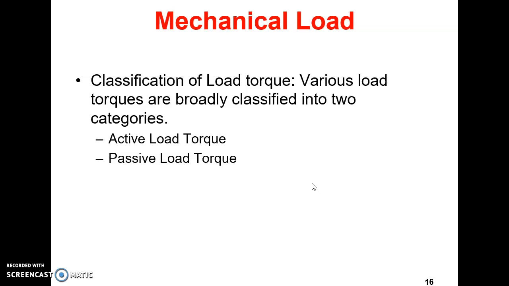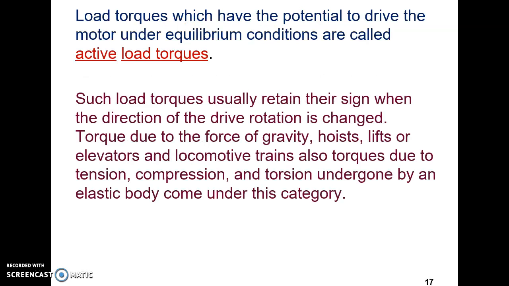In mechanical load, the load torque can be classified into two categories: active load torque and passive load torque. What is active load torque? The load torques which have the potential to drive the motor under equilibrium conditions are called active load torque.